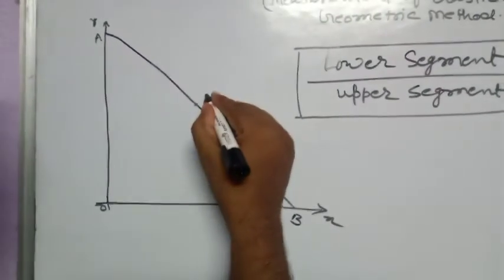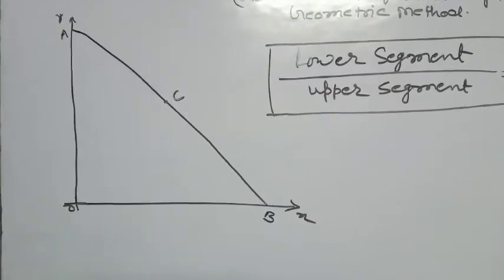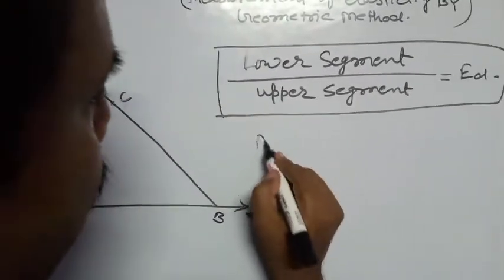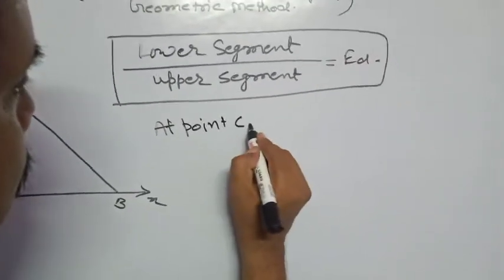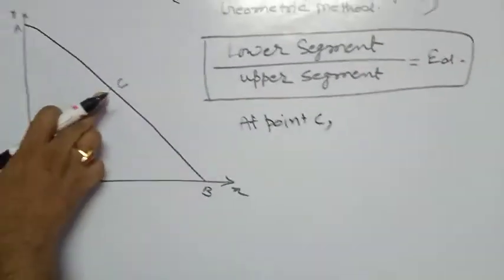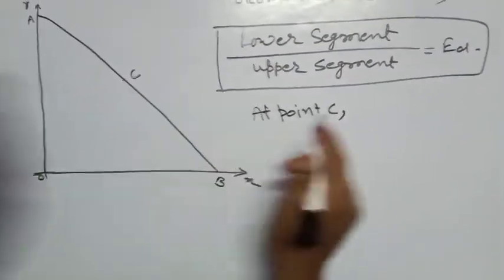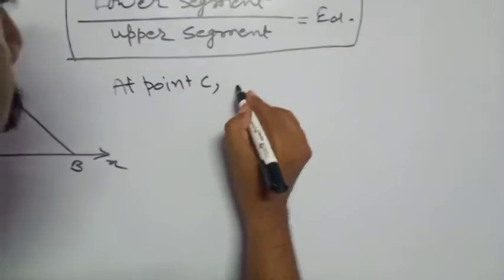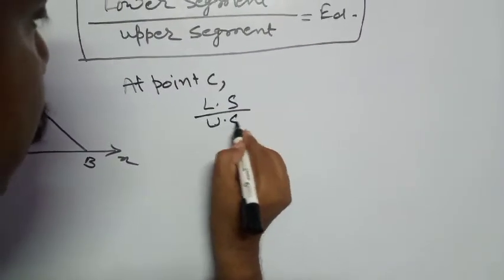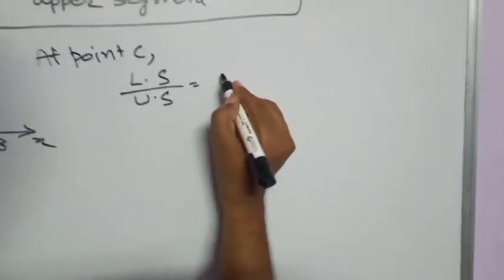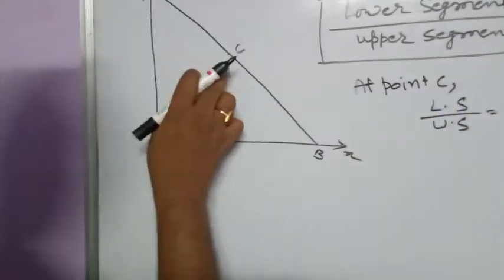Okay, so at point C, what will be the elasticity of demand at point C? So at point C, the lower segment is CB, or you can say BC. Lower segment divided by upper segment is equal to BC divided by AC.